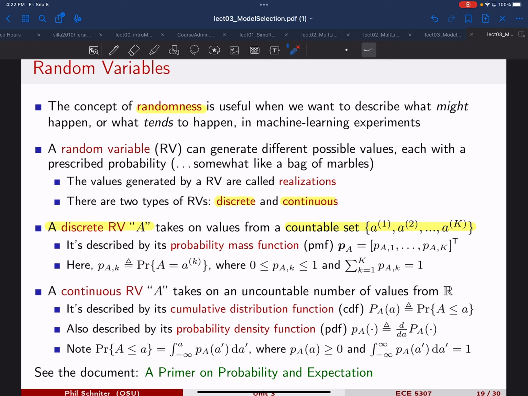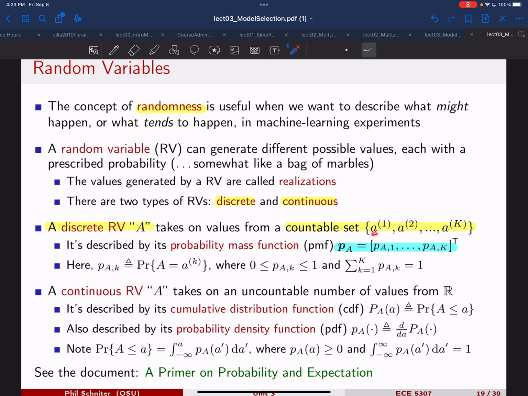The way that you describe how often those k things happen is through the probability mass function, which is just a vector of the respective probabilities. So for example, the probability that this random variable manifests as A1 is PA1. That's a number that has to live between 0 and 1, right? Probability can't be negative. Probability can't be greater than 1.